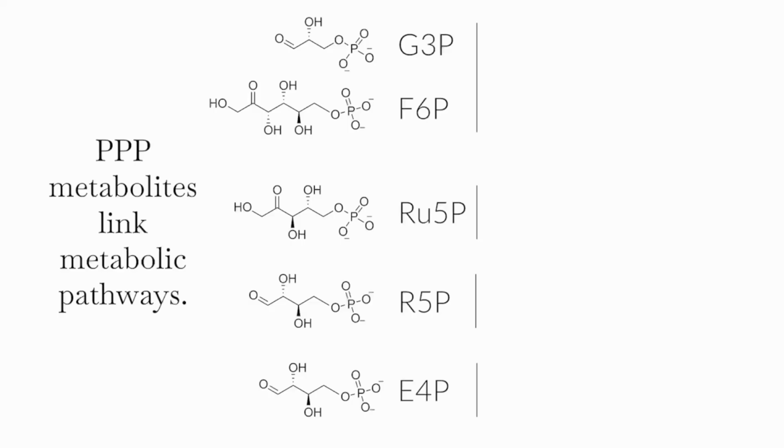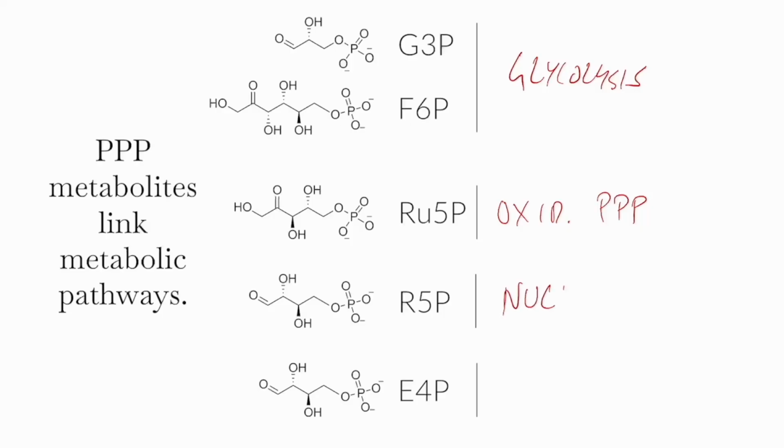Well, what these PPP metabolites do is they link different metabolic pathways. So we can think about this as a switching station, a central exchange inside of metabolism. G3P and F6P link into glycolysis. Ru5P links into the oxidative PPP, so it's a direct connection to that chunk of the pathway.